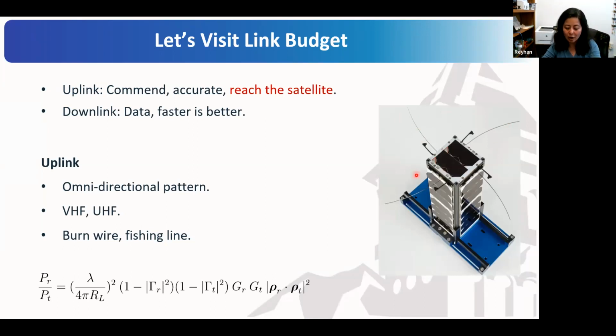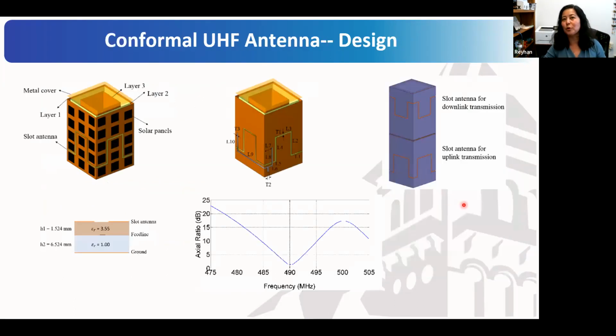So next, how do we replace the deployed wire antenna? This is one of the solutions. Let's take our slot antenna concept and make the slot around the CubeSat body, such that the way that we have created here.